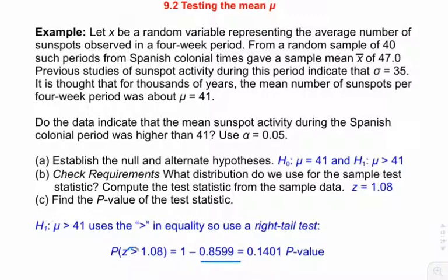We want to use greater than, so we use 1 minus. Or you could have looked up negative 1.08. So this probability is 0.1401. So there's a 14% chance that you would have had a Z value of at least 1.08.